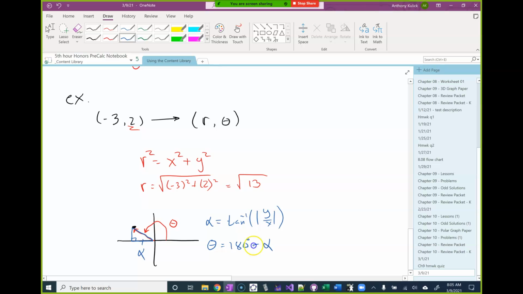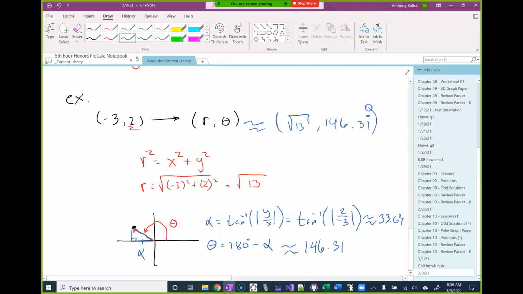Right, you guys kind of remember doing this? Again, this is a first semester concept when we were finding values using these inverse functions. So in this case, we have -3, and that comes out to be about 33.69. So there's my polar coordinate.